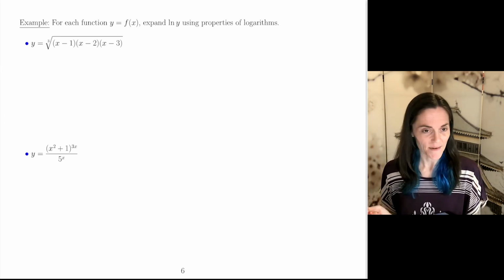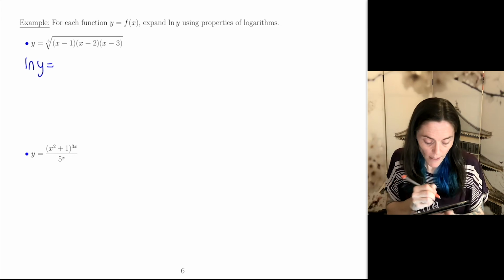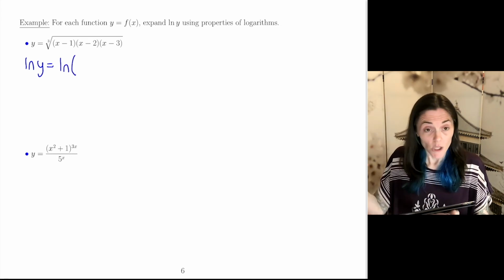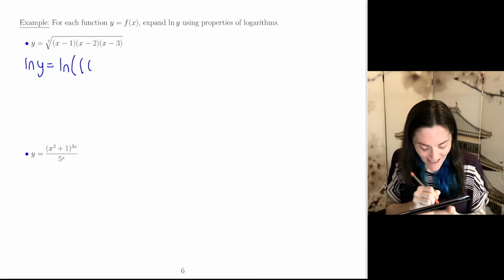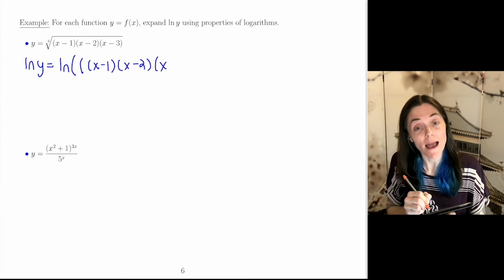Let's get started. In this first one, we have ln y, which would be ln of this cube root, and then we have a product of 3 things. So in my very first step, I'm going to write the cube root as a 1/3 power.